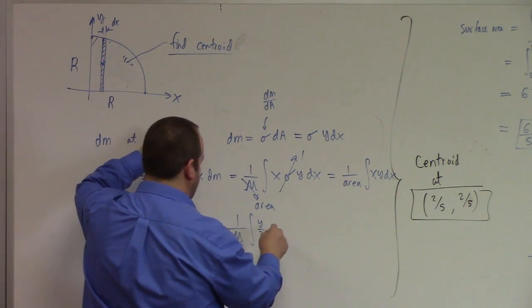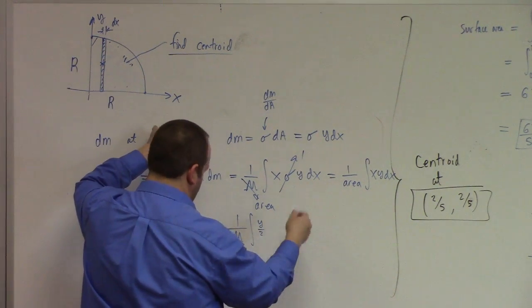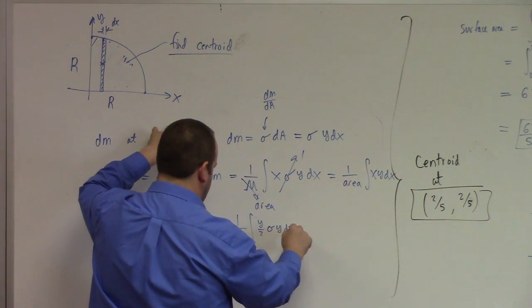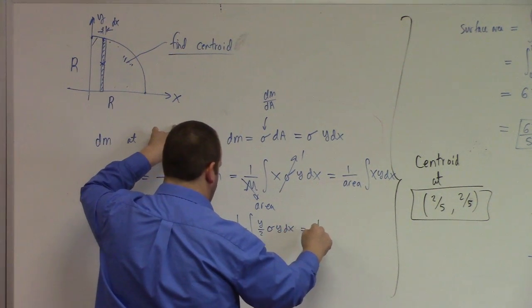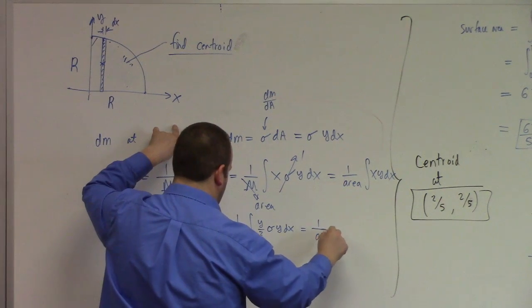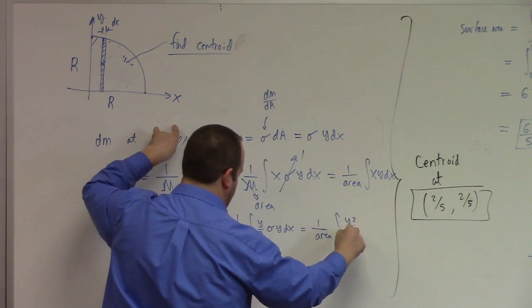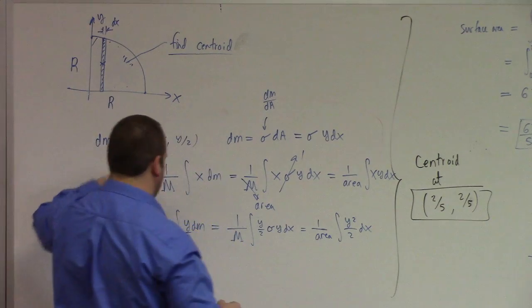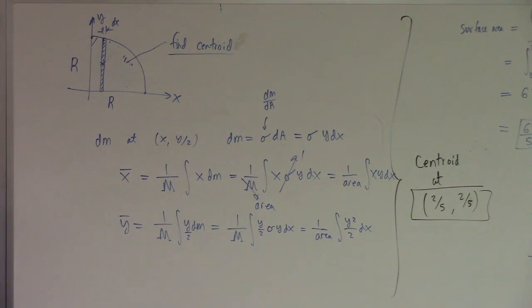And so the dm is still sigma y dx. And so you get 1 over the area integral of y squared over 2, I think, dx. That gives you the y bar. Is this right?